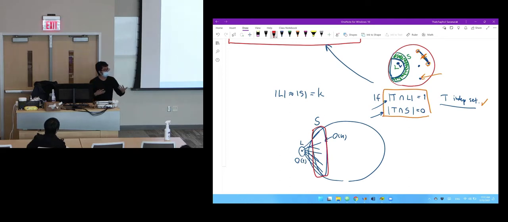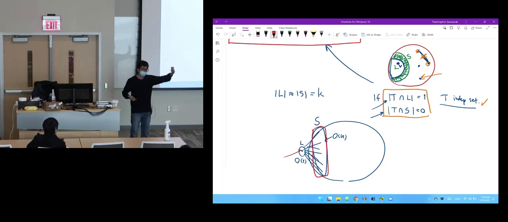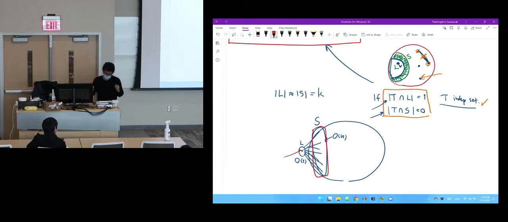But once we do that, to get any node in L at all, we might need to try n times. So it seems like you need to try a lot of times, like n times, and for each time that you try, you call isolating cut, so you need to call isolating cut n many times, so that's slow.